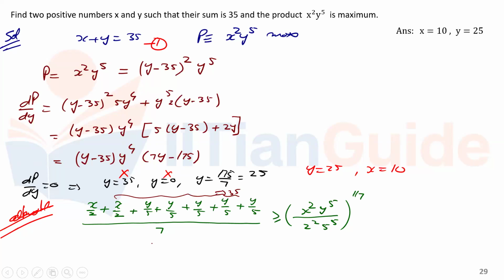So raising to power 7, I can write 5 power 7 multiplied by 2 square into 5 power 5 is greater than or equal to x square y power 5. So I can get x square y power 5 maximum. The maximum value will be 5 power 12 and 2 square. It will be the maximum value.